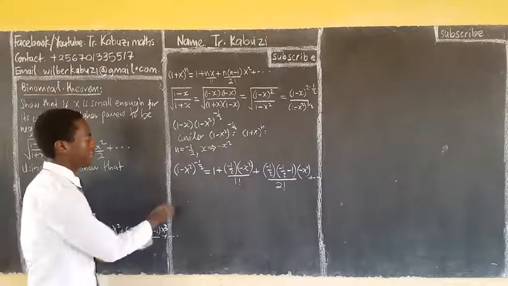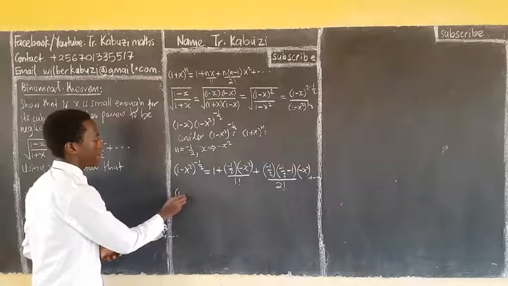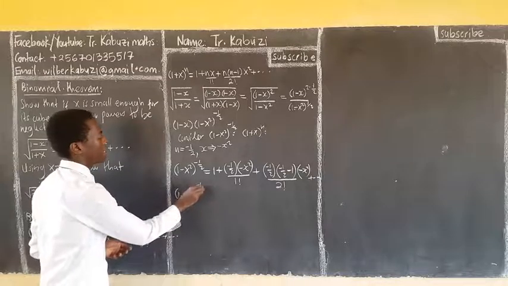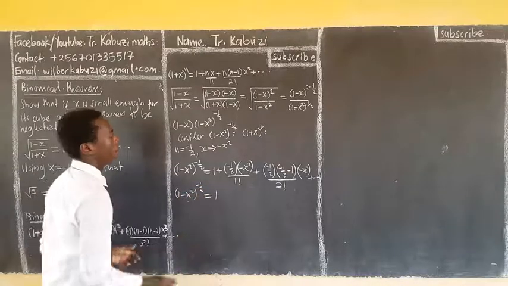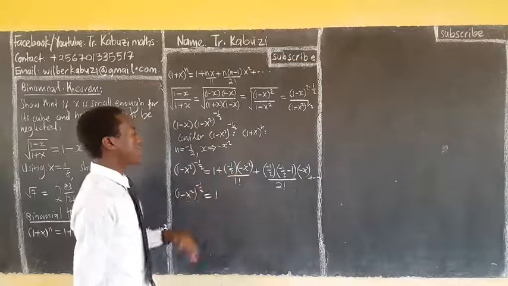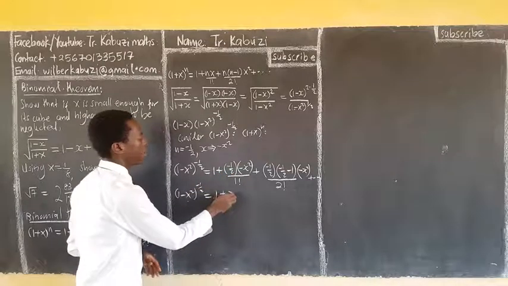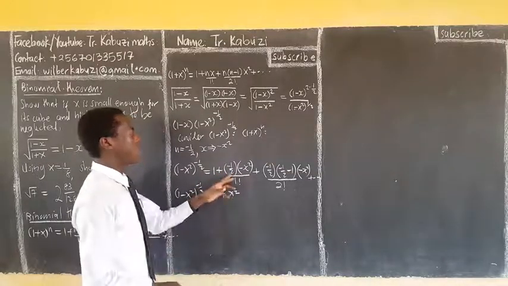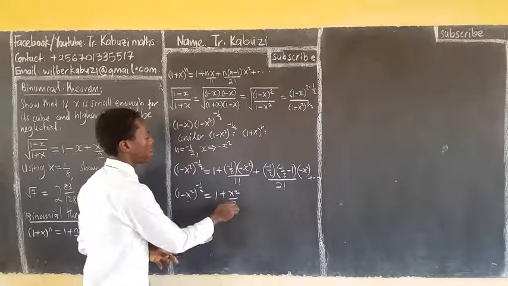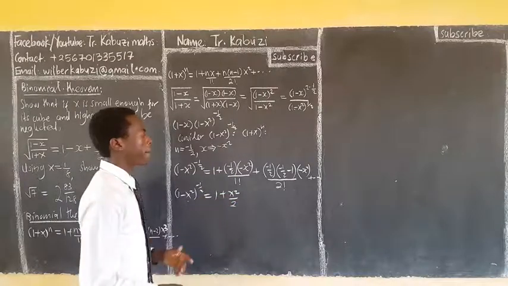Okay, let's simplify this and see. Now we have 1 minus x squared to the power negative half equal to 1. A negative times a negative will give us a positive x squared. Then this 2, and 1 factorial is 1.